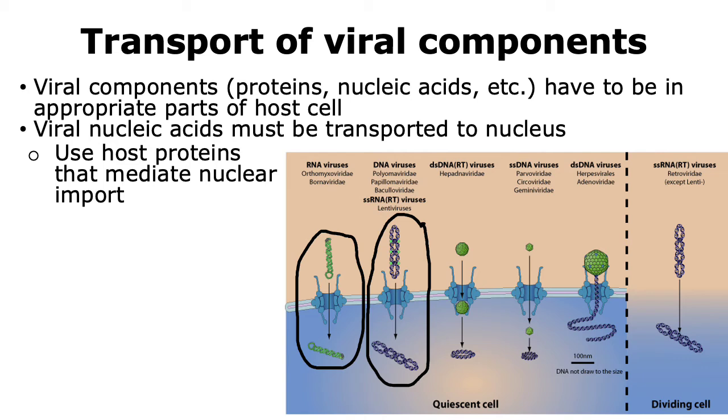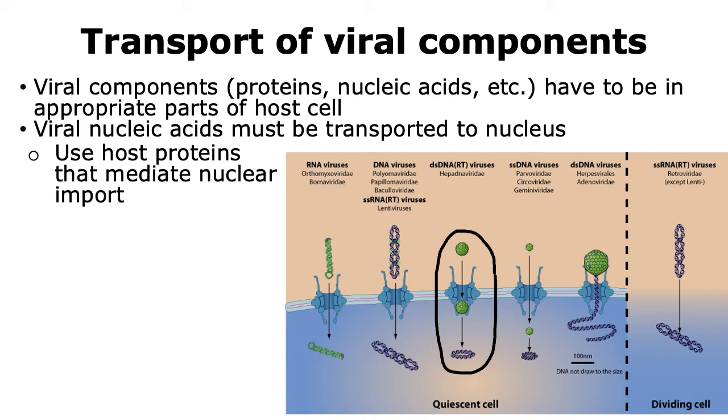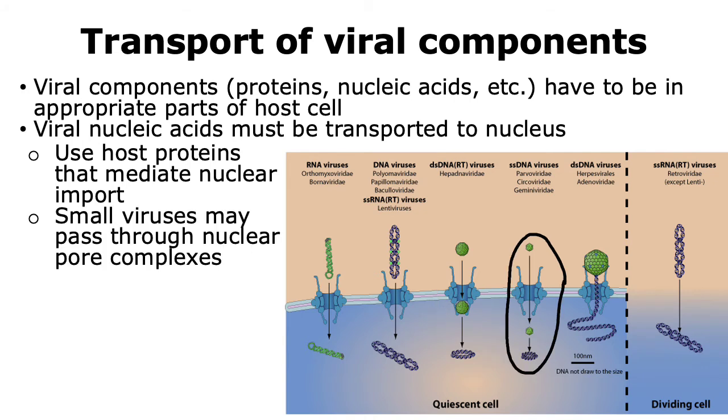Another mechanism that can be used is where the host proteins are able to transport the intact virus across parts of the nuclear pore complex, and after they encounter a certain part of the nuclear pore complex, uncoating can happen, thereby allowing the viral nucleic acid to gain access to the nucleus of the host cell.